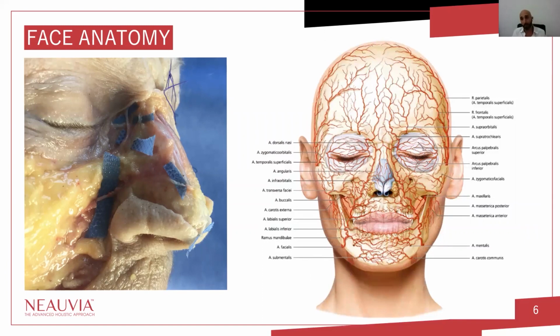So this is important to let us understand that when we have to inject into the nose to avoid embolization, it's really important to inject touching something that is represented by the bone or the cartilage.